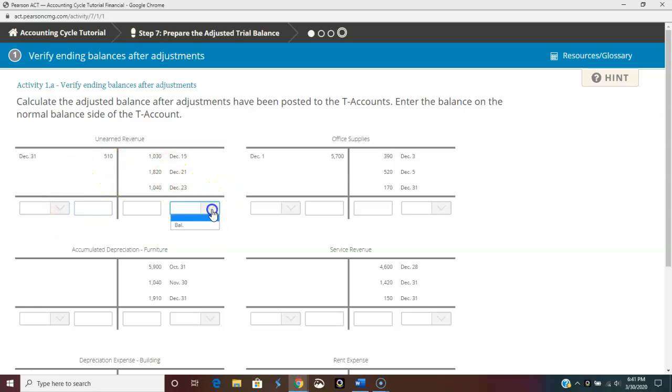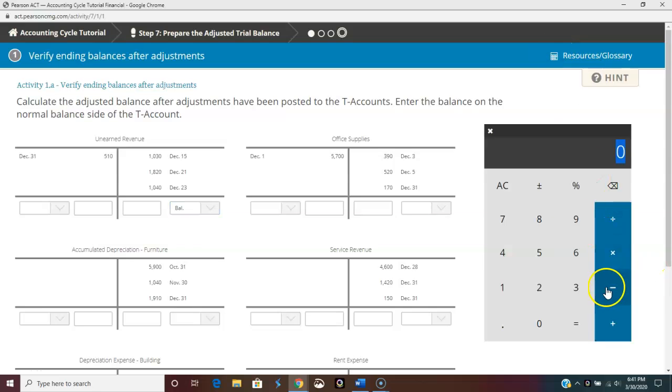We should have the balance over here, and it should be 1030 plus the 1820 plus the 1040 minus the 510, which would give us 3380. I also still cannot find my calculator, just so you know.